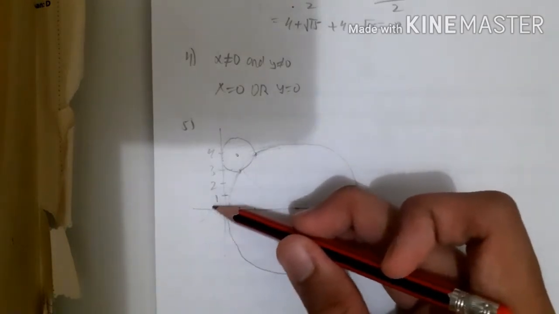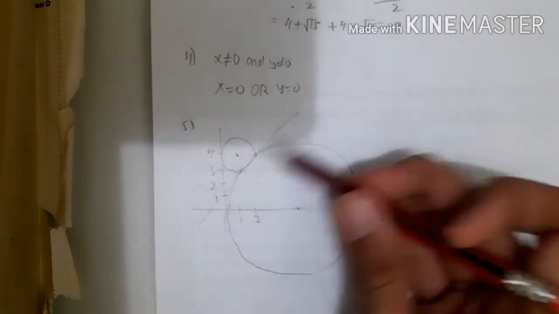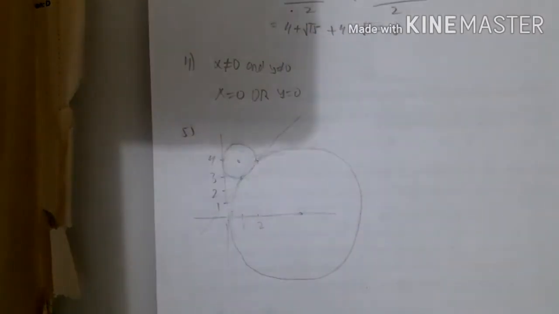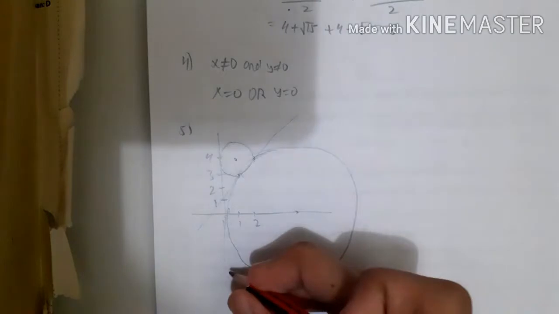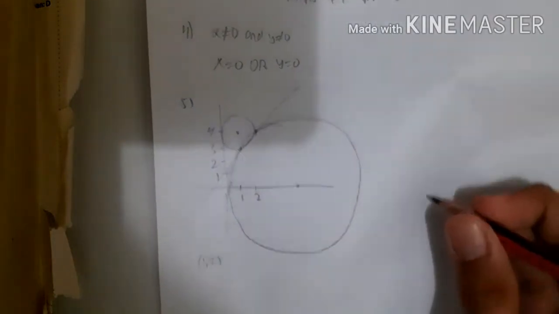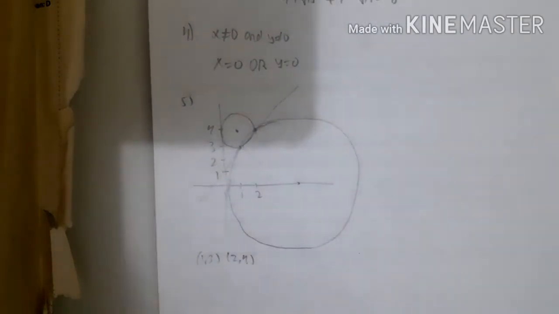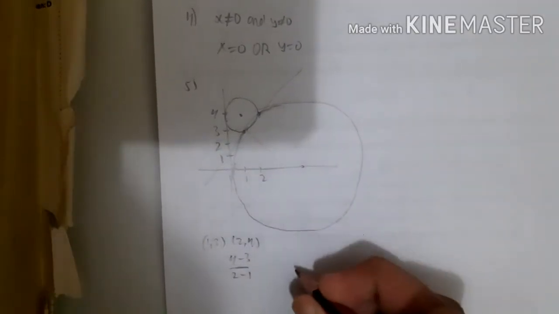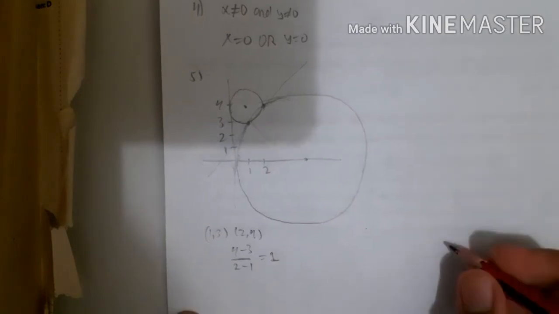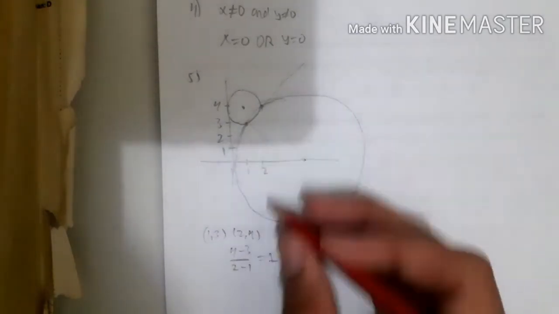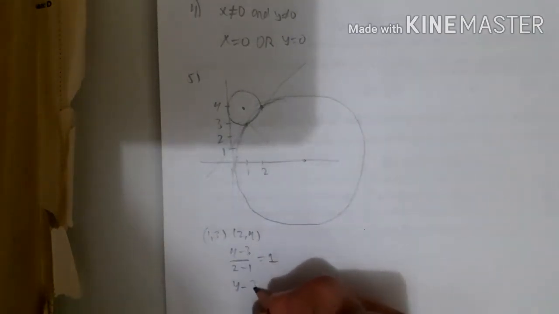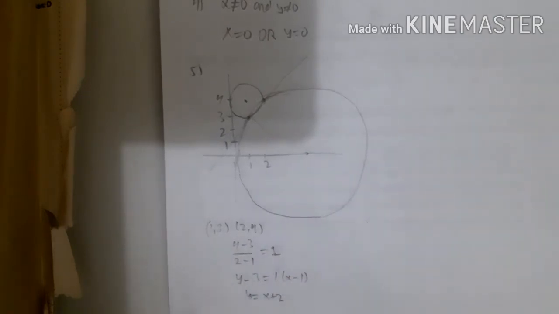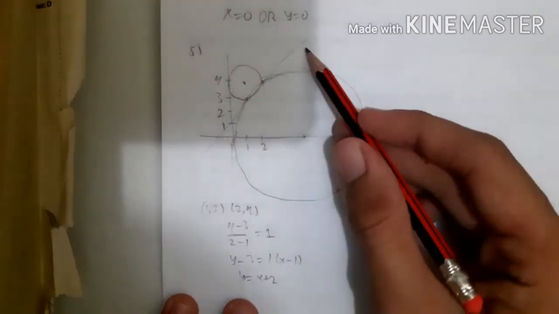First we find the gradient of the line between them: 4 minus 3 over 2 minus 1, that is 1, right? And the equation of the line is y minus 3 equals 1 times x minus 1, that is y equals x plus 2.